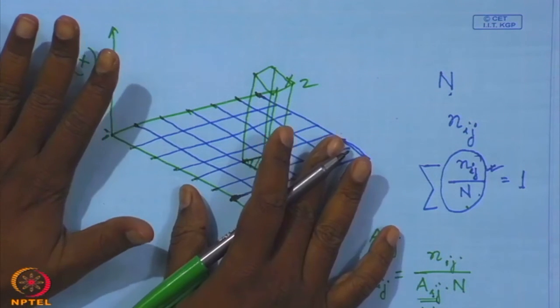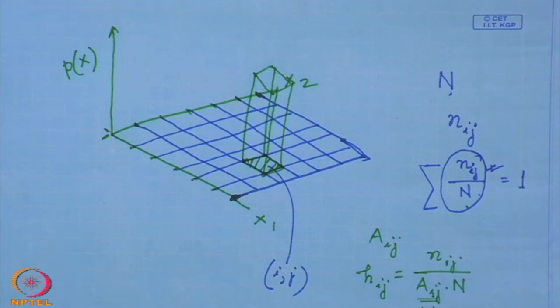So, now it is a very simple extension of the probability density estimation technique from one dimension to two dimension. You have been given a large number of samples, capital N. I have to check how many of these samples fall in the ijth bin, and I obviously have to know the area of the ijth bin.